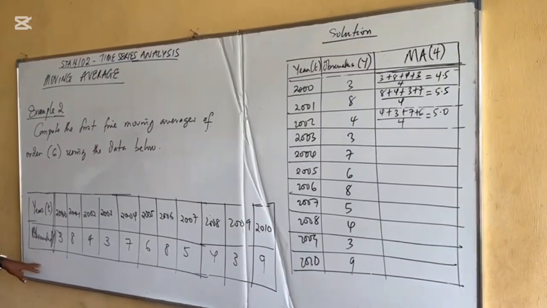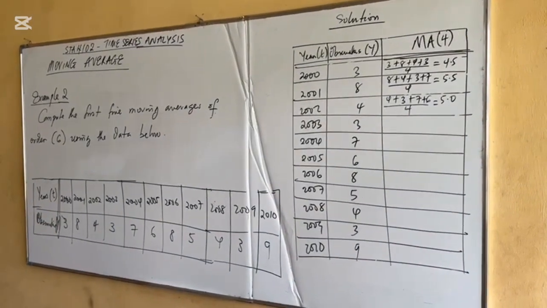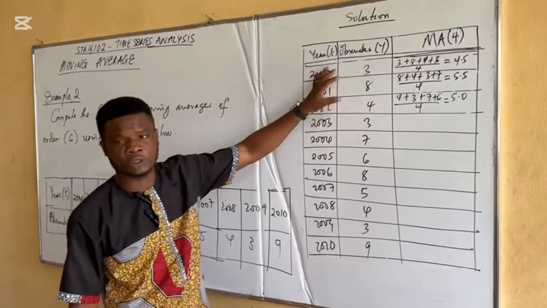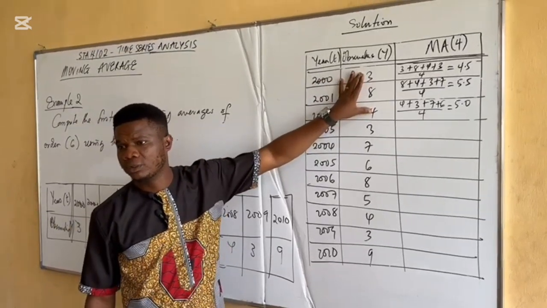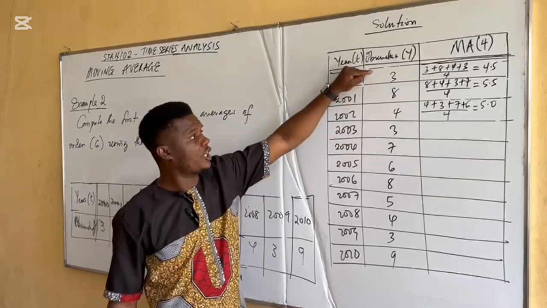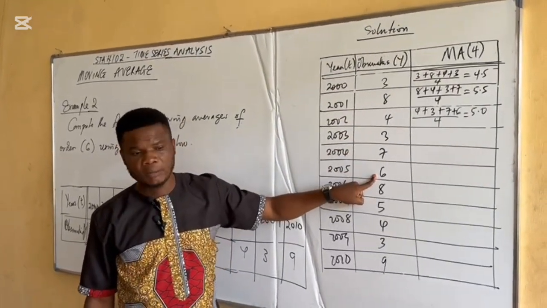For this same question, we will compute the moving averages of order 6. That would mean taking a sequence of means, having the first 6 data entries. The first 6 observations. In that case, you have 3 plus 8 plus 4 plus 3 plus 7 plus 6 divided by 6.